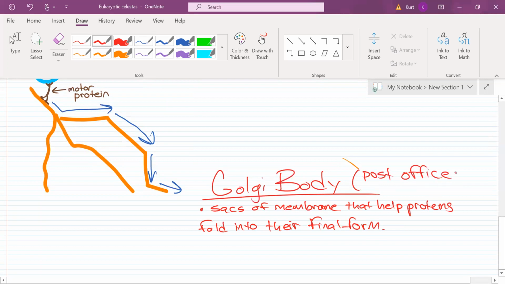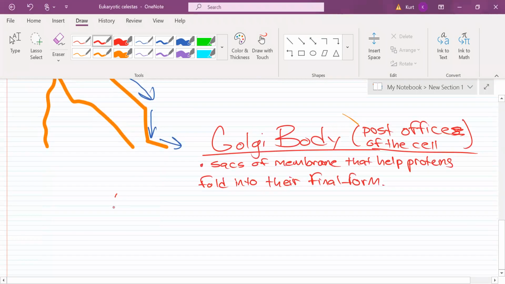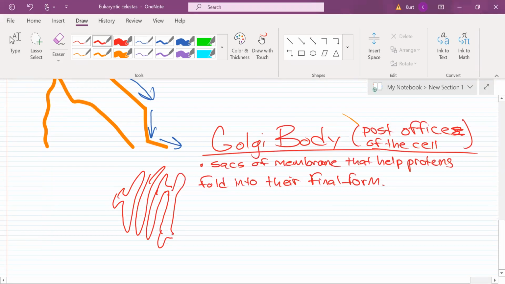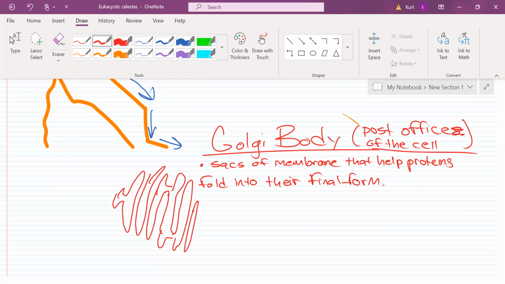It receives packages and repackages them for their final destination. Just like the mitochondria is the powerhouse of the cell, this is the post office of the cell. And it kind of looks like this. It's kind of hard to draw. It's just a series of flattened stacks. And it is made up of the same membrane that everything else in the cell is made of. It's made up of a phospholipid bilayer.